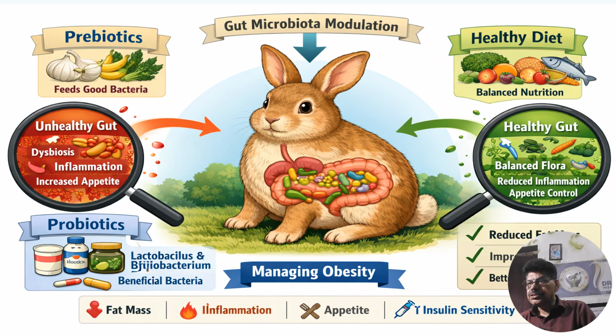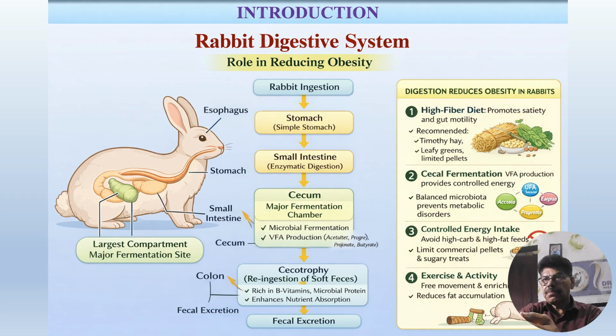This may reduce fat mass and inflammation, control appetite, and improve insulin sensitivity, so this may manage obesity. Lactobacillus, Bifidobacterium, and other beneficial bacteria may be used as probiotics to treat obesity.